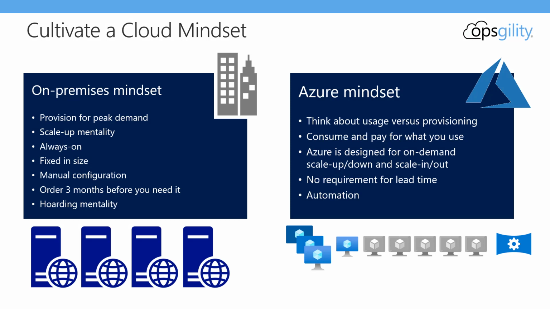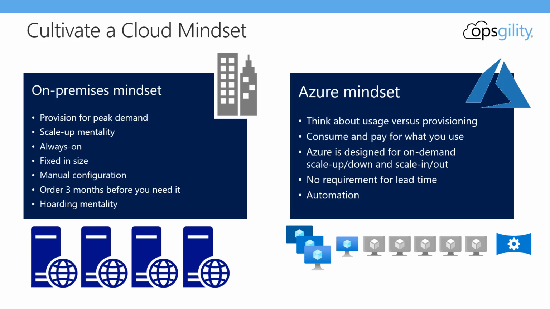We want to understand that on premises we are provisioning and building our infrastructure based on peak demand, and that is not cost effective. When you think about it, you need peak performance at limited amounts of time during the year.